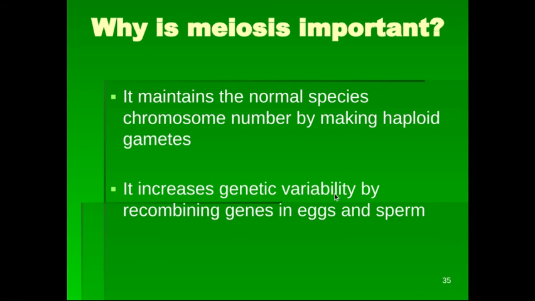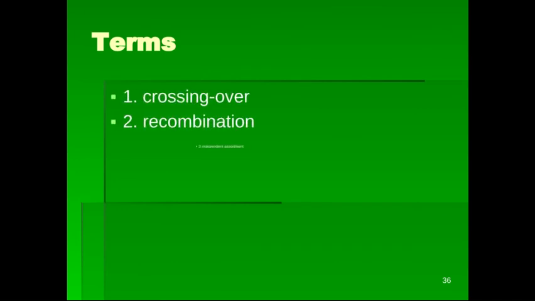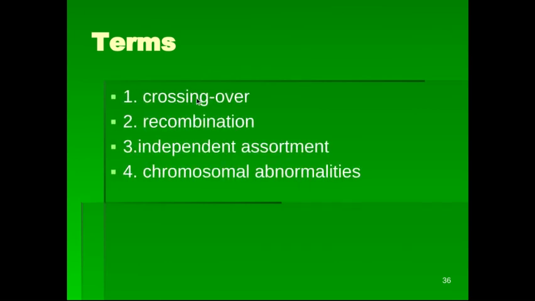The big takeaway too is it increases genetic variability by that process of crossing over and recombining genes in eggs and sperm. So there are a few terms here that I'd like you to know. Crossing over, recombination, independent assortment. Those are the 3 big ones right here.